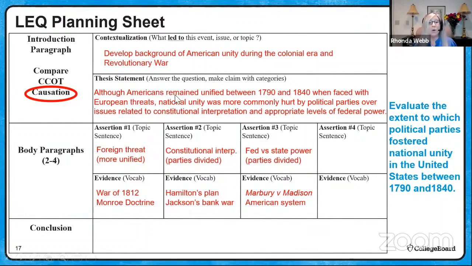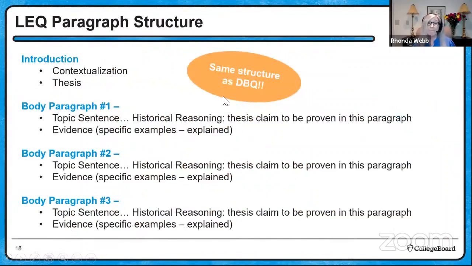So I've got, although Americans remain unified between 1790 and 1840 when faced with European threats, there's claim number one. National unity was more commonly hurt by political parties over issues related to constitutional interpretation and appropriate levels of federal power. So that's how I would plan out my essay. All right, so then we would structure our body paragraphs the same way.